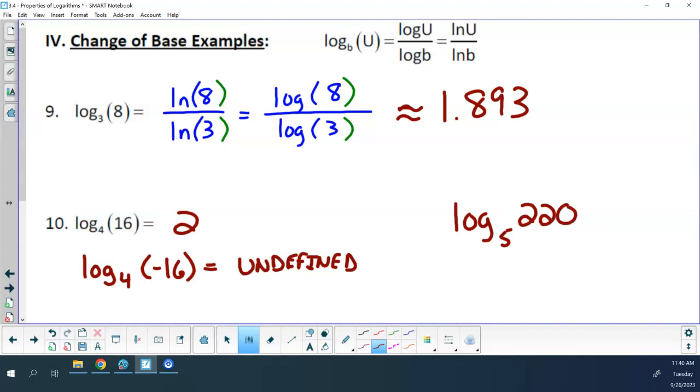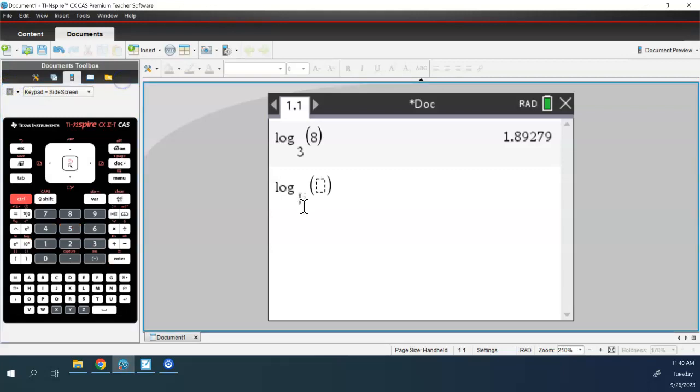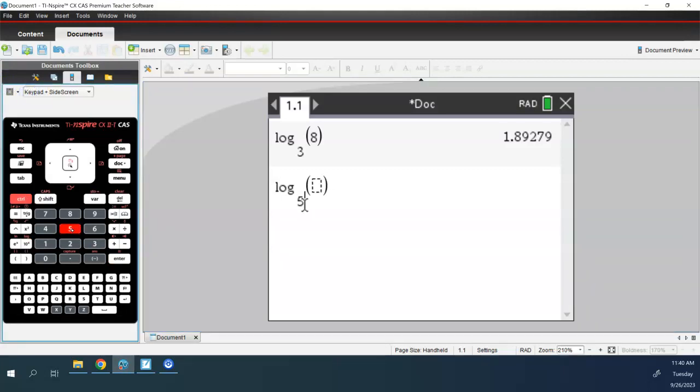Should be between 3 and 4. Should be closer to 3 than it is to 4. 3.351.